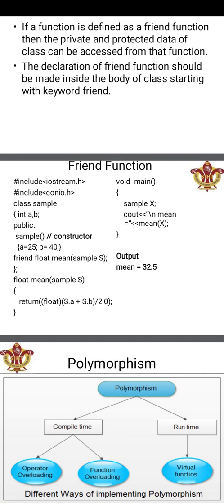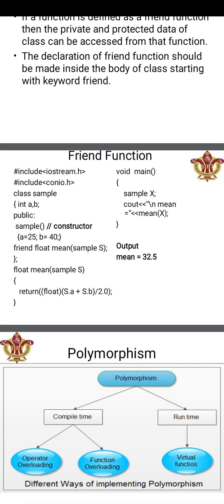Now here in this program, we have declared one class sample, and we have declared two variables of type A and B, which are private by default. In the public section, we have declared one constructor. See, the name of the function is sample, which is the class name also. So this is a constructor, and we are using it for initializing the values of A and B. We have defined inside the constructor A equal to 25 and B equal to 40.